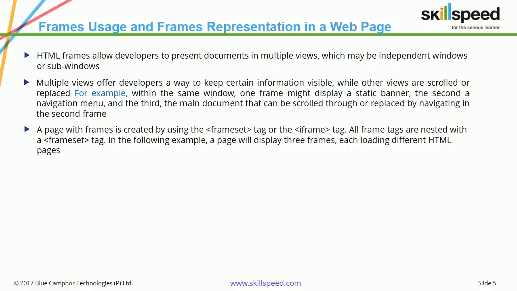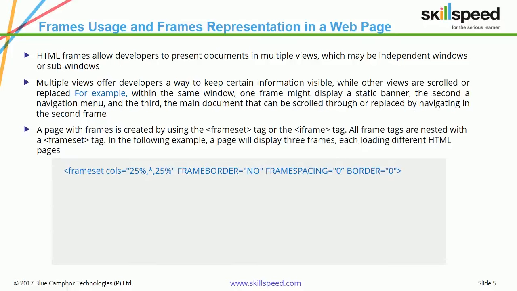A page with frames is created by using the frameset tag or the iframe tag. All frame tags are nested within the frameset tag. In the following example, a page will display 3 frames, each loading different HTML pages. It goes like this: frameset cols equals 25%, star, 25%, frameborder equals no, framespacing equals 0, border equals 0.